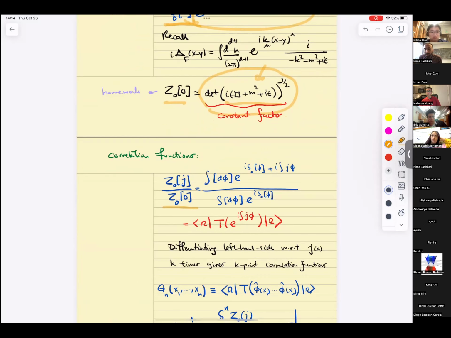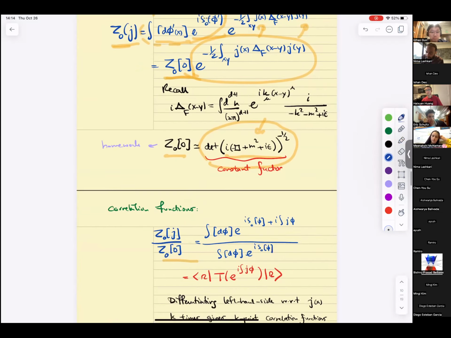Now, if you want the correlation functions, here's how you do it. You recall the way I calculated the correlation function was by taking Z0 of J. I'm doing that with t going to t minus i epsilon. I'm not writing it explicitly, right?